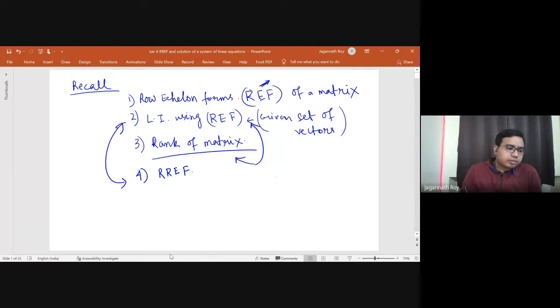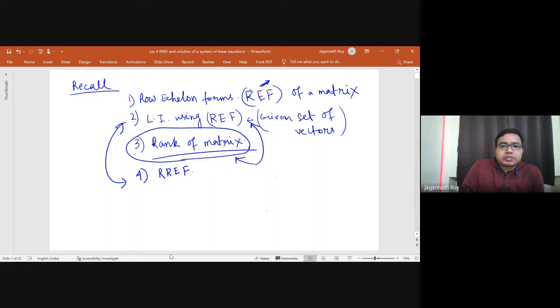Now this rank of a matrix is very important for studying the solution of a linear system: how many solutions there are, and whether the system has a unique solution or many solutions. This kind of information can be obtained from the rank of a matrix.